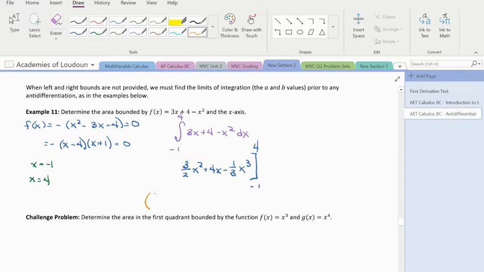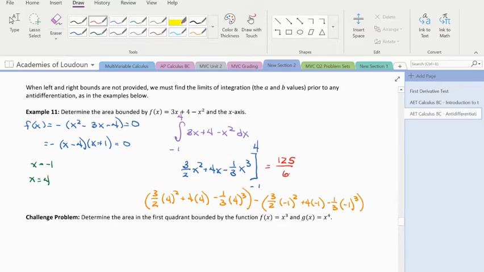So again, we have 3/2 times 4 squared plus 4 times 4 minus 1/3 times 4 cubed minus 3/2 times -1 squared plus 4 times -1 minus 1/3 times -1 cubed. And all of that evaluation gives me an area of 125/6.